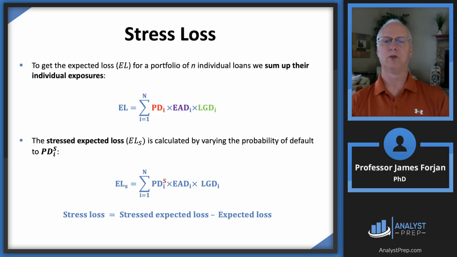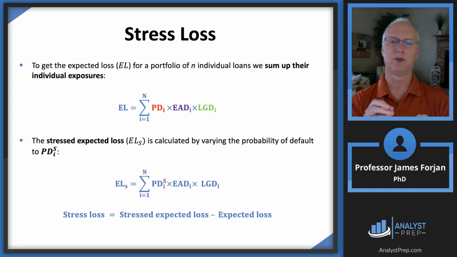But let's suppose that we look at the macro environment and we say something like, look, what happens if, and I'll make up some variables, unemployment spikes, or oil prices spike, or inflation falls to zero. You could come up with lots and lots of these macroeconomic reasons, or you could come up with some microeconomic reasons that relate to that specific loan.